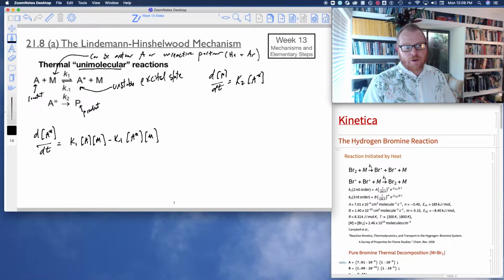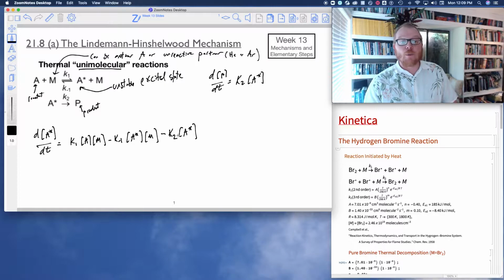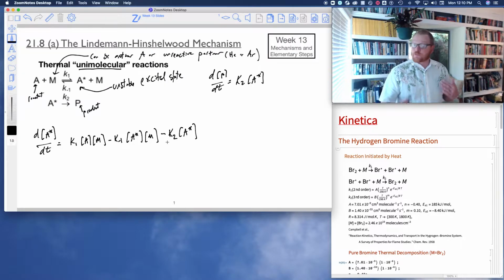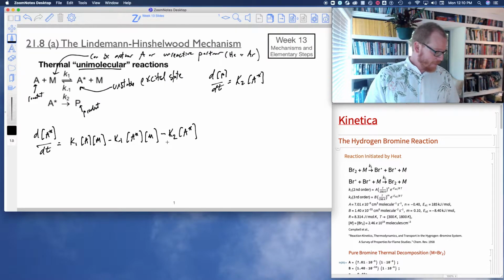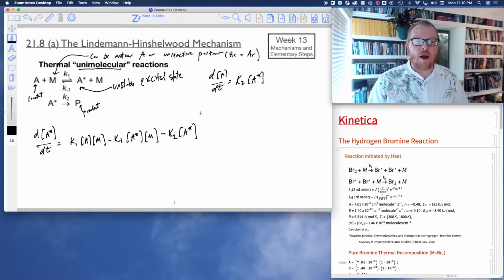It's another case where A star is a reactant, so it's a negative rate, negative k2 times A star. Here K2 will be a first order rate constant. When we apply the steady state approximation, all of this equals 0.